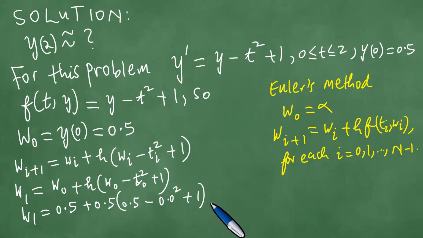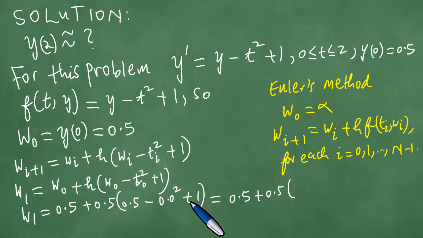With this said, you can simplify this and write 0.5 plus the 0.5, and then we have this one here, which is 0.